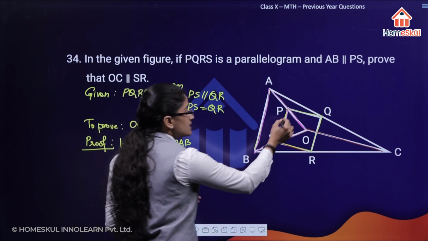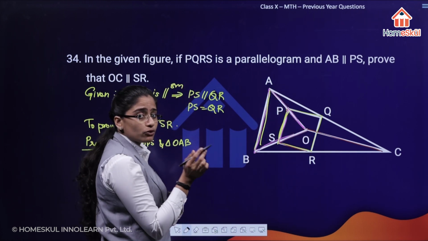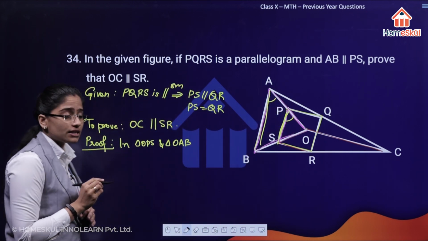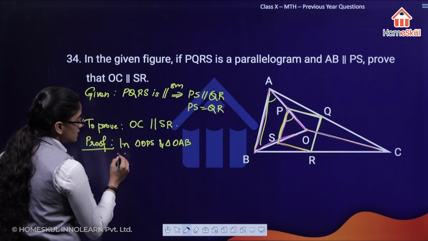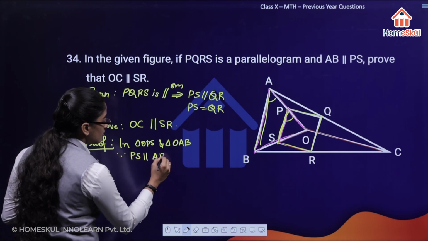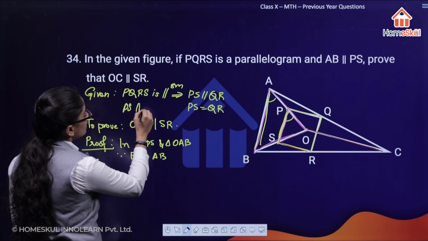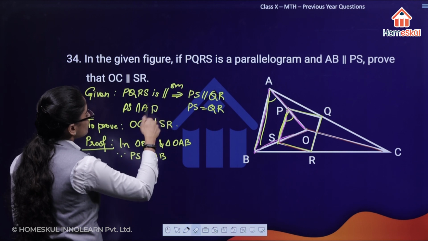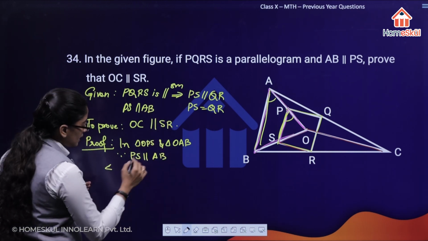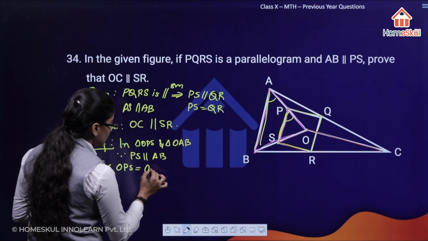Why? Since these two lines are parallel, OA will be a transversal for those parallel lines, which means these two angles are corresponding angles, isn't it? Since PS is parallel to AB, it is given, right? Therefore angle OPS is equal to angle OAB.